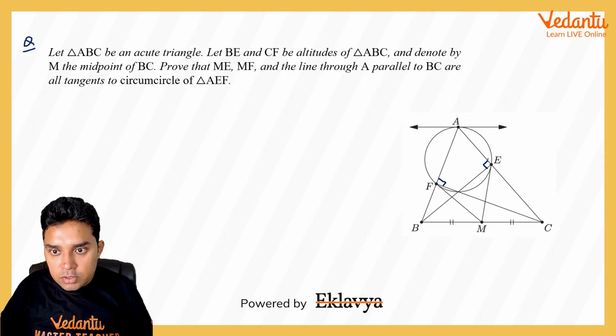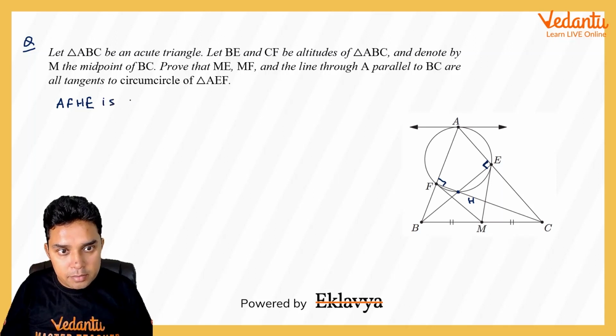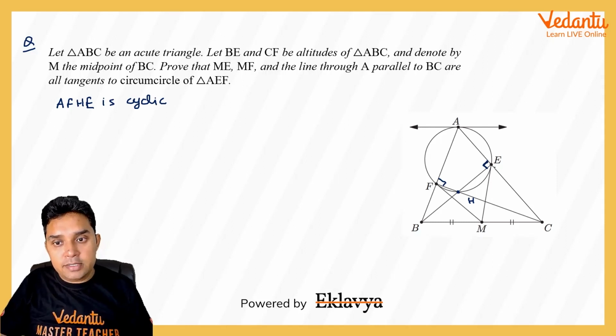First of all, because these two angles are 90-90 each, and let us call this point H, I think it is very easy to say that AFHE is cyclic, because the sum of opposite angles is 90 plus 90, that is 180.